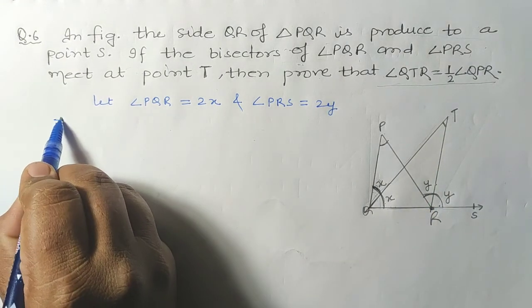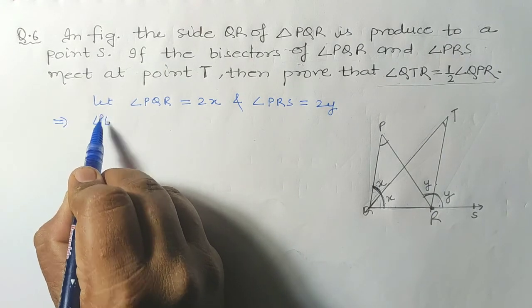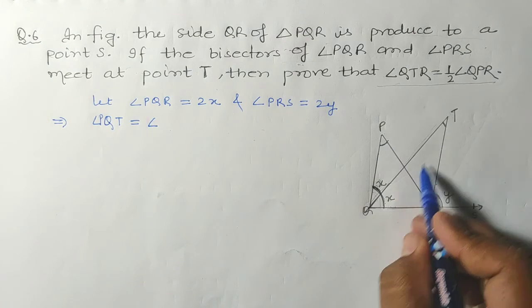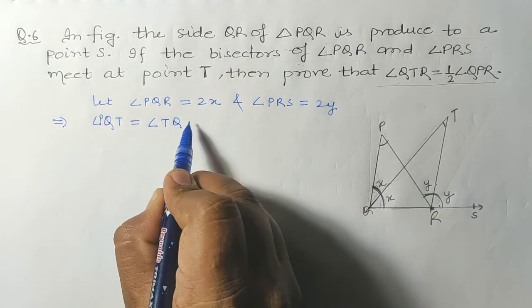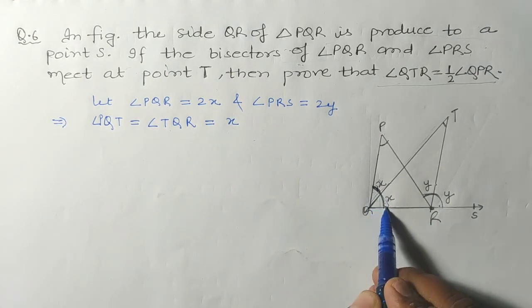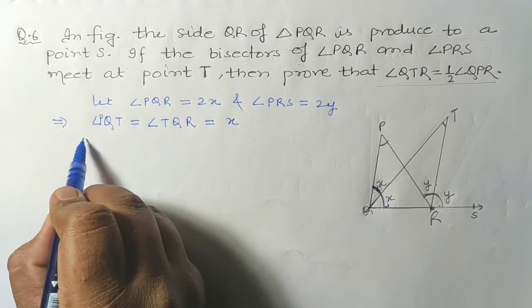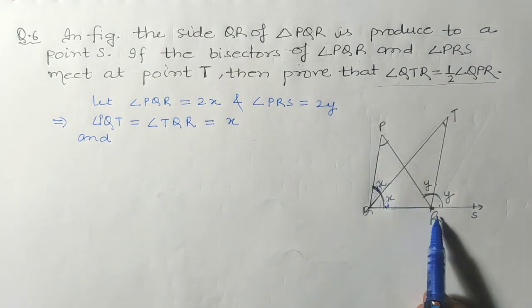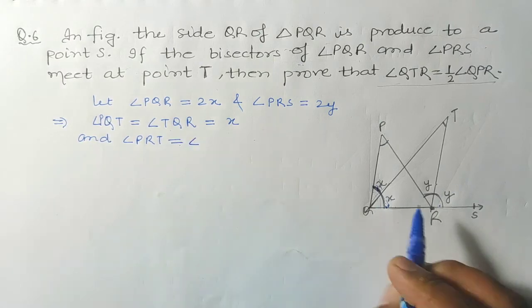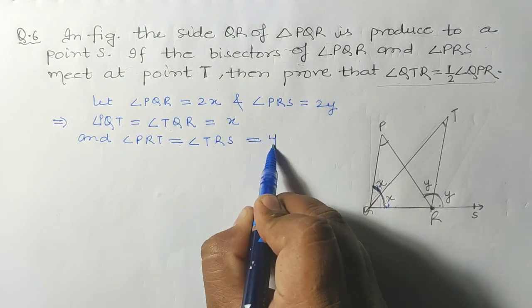So this will imply that angle PQT is equal to angle TQR is equal to x. Okay, means both the angles are equal to each other, so this will be equal to x, as well as angle PRT is equal to angle TRS is equal to y.